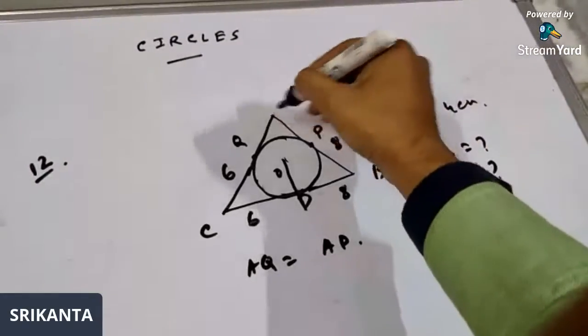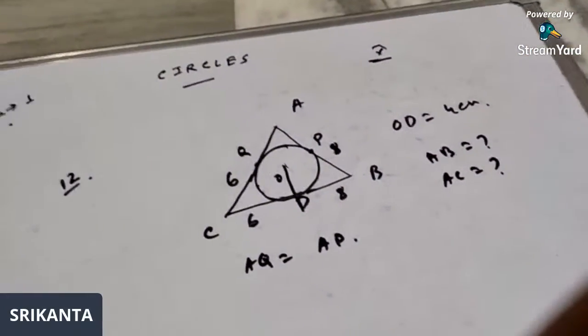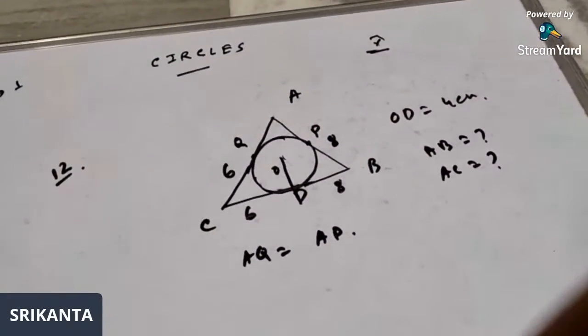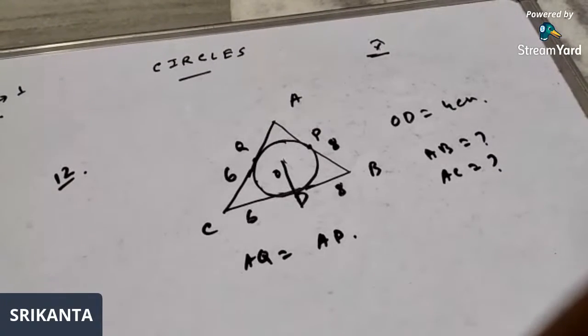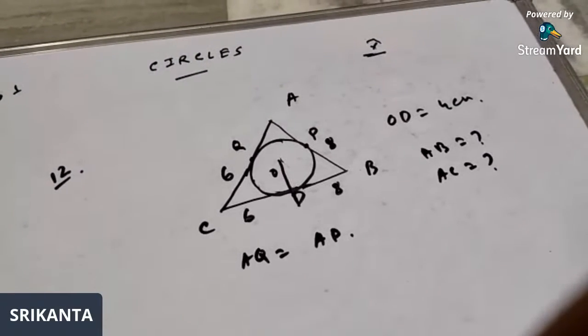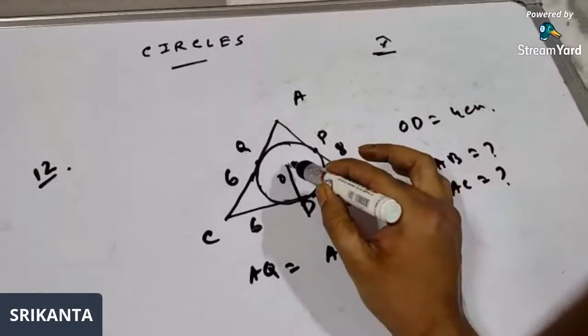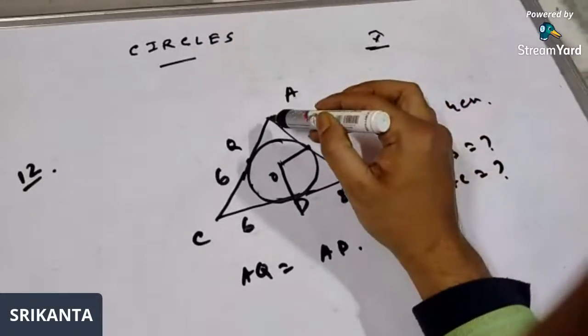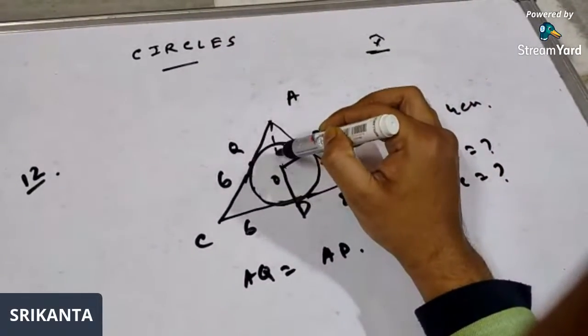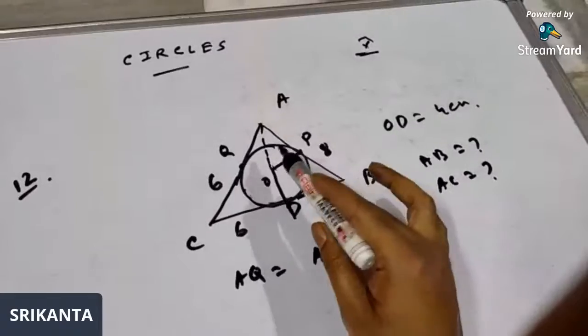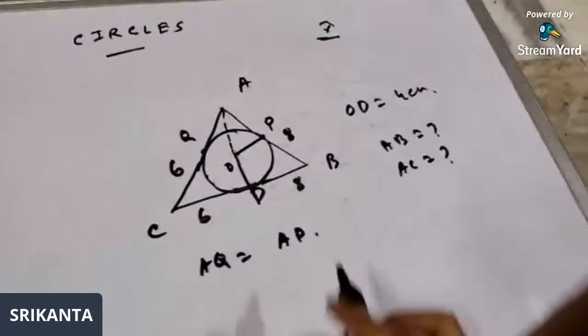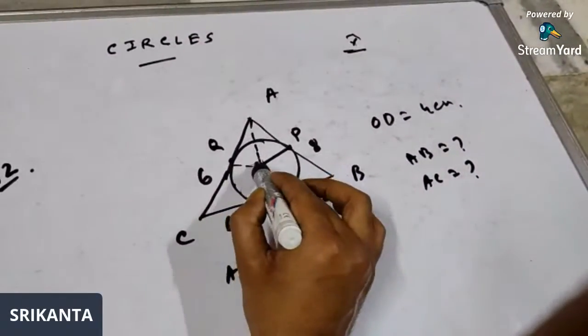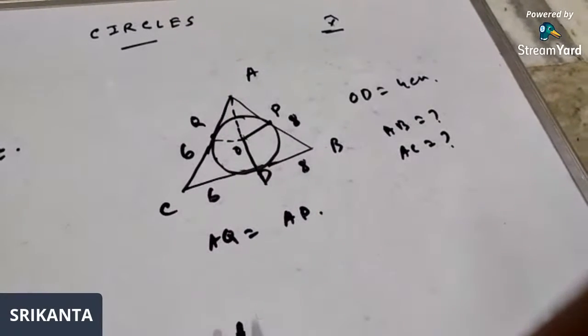So if this is x, this is also x. So if I draw perpendicular, it will be perpendicular.